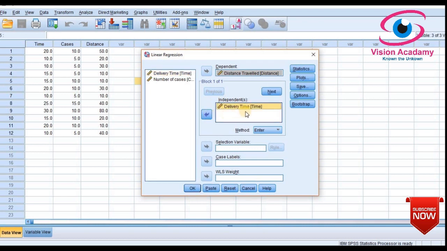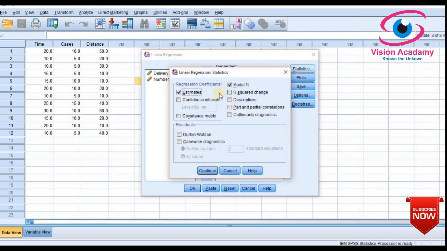Since it is a simple linear regression, we will consider only two variables. Okay, delivery time is the independent variable and the dependent variable is distance traveled. So after selecting, you can go to Statistics. Here by default two options are selected, that's Estimates and Model fit. Since we have selected linear regression, by default linear regression is used to estimate by a model fit.